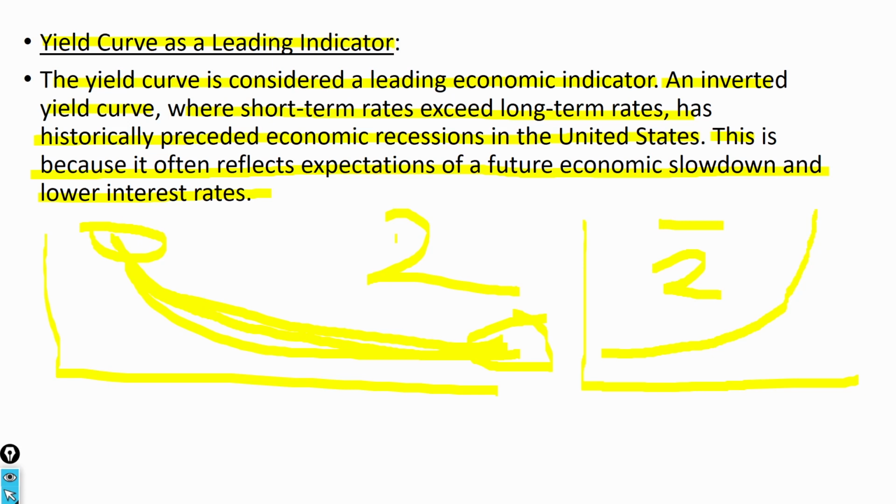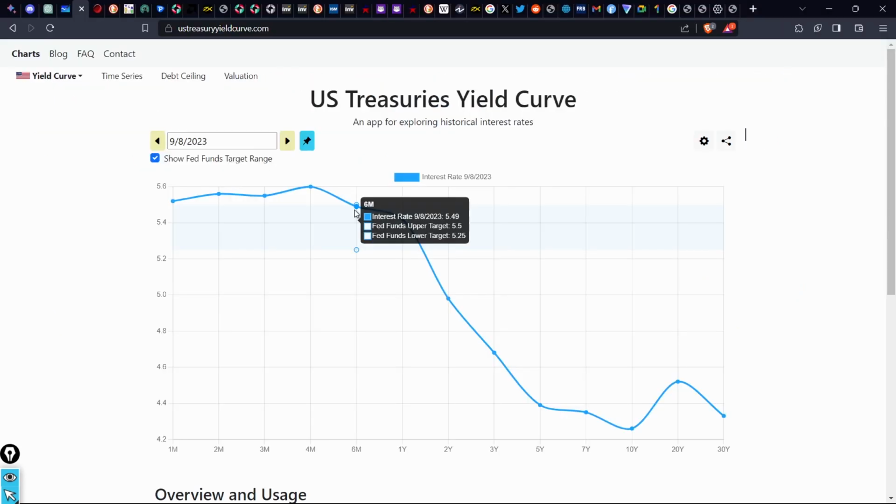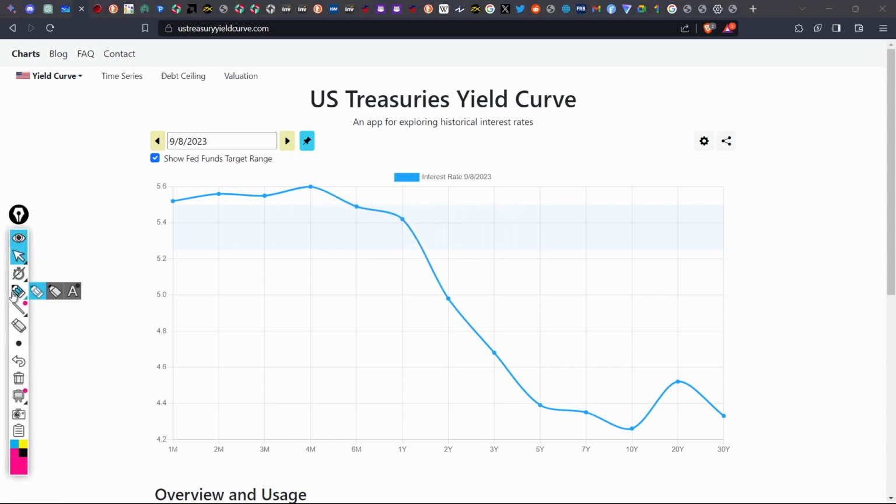Let's go back to that chart and see. As I have been mentioning, these short-term rates, when they are higher, are telling you in which time frame the economy is most uncertain, because it's a high risk, high reward scenario.